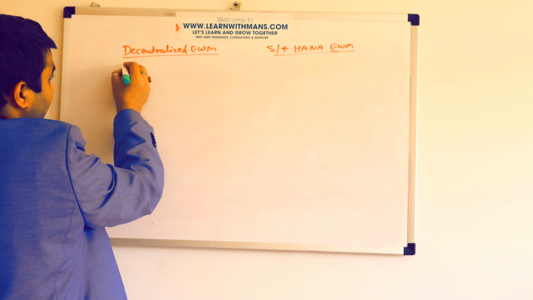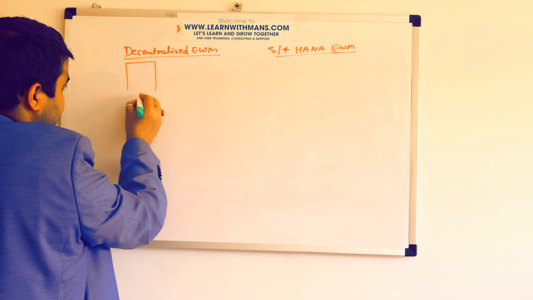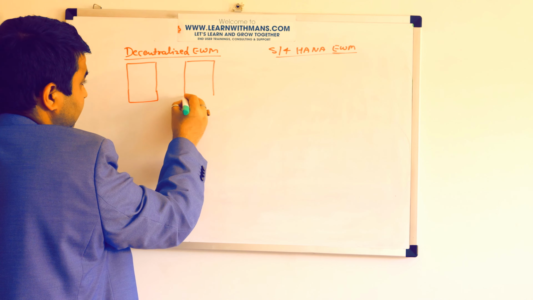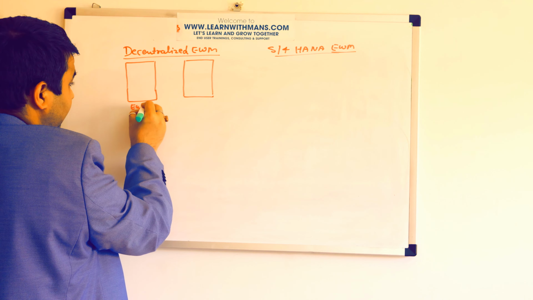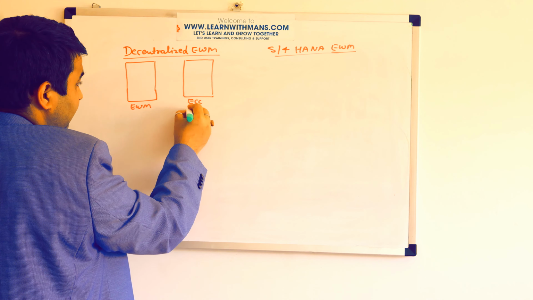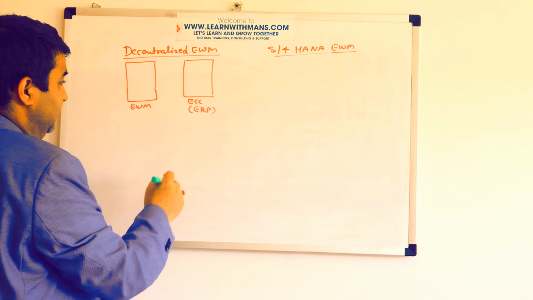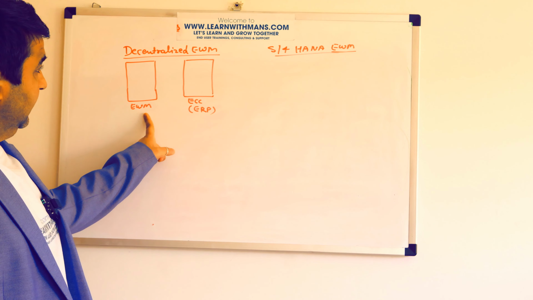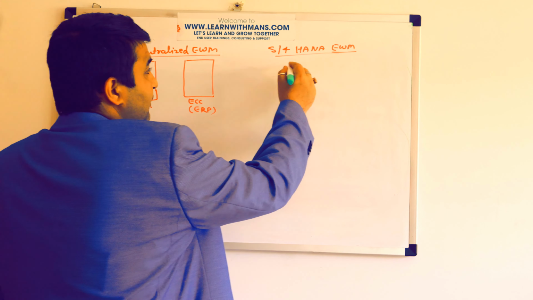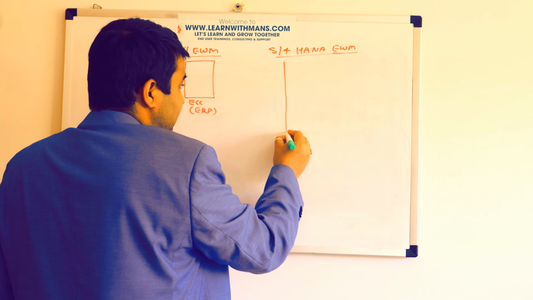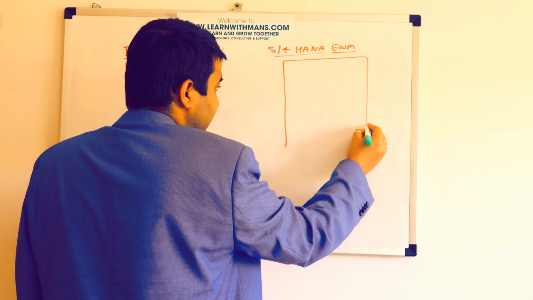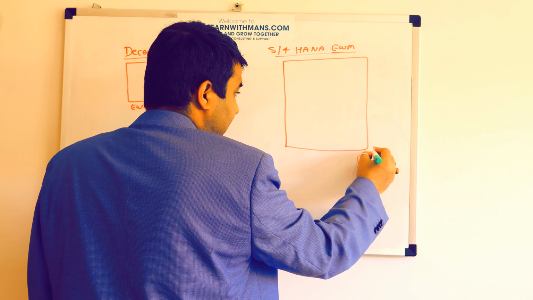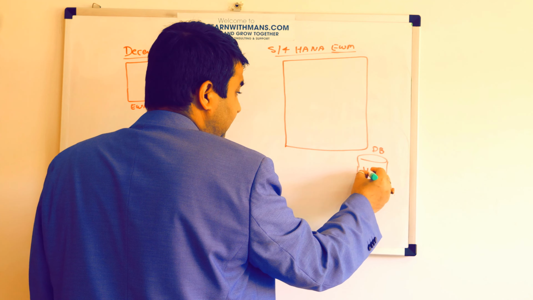In decentralized EWM we have two different servers, EWM and ECC, which we call the ERP system. When we compare with S4 HANA EWM, that means only one server. Behind it is the database, which is the HANA database.